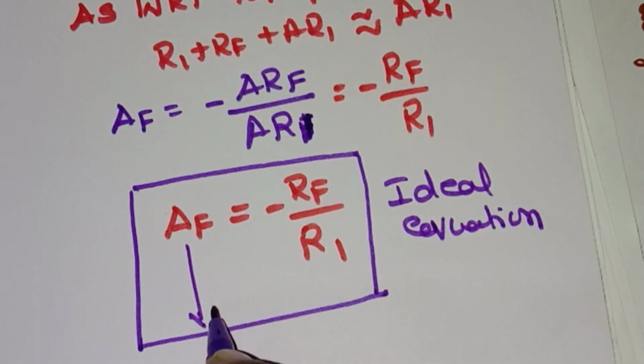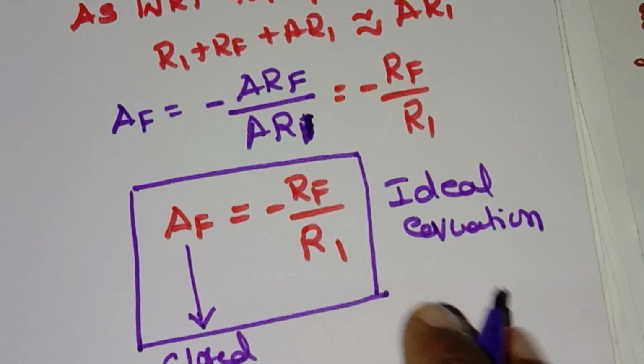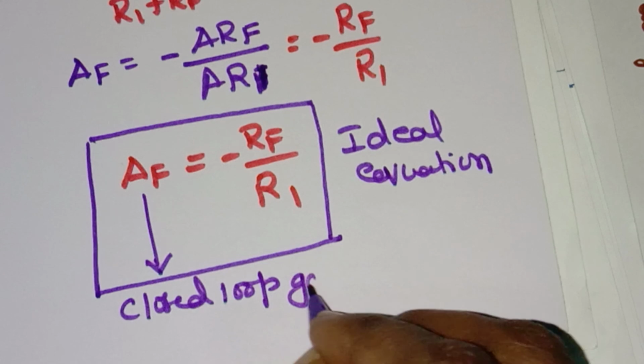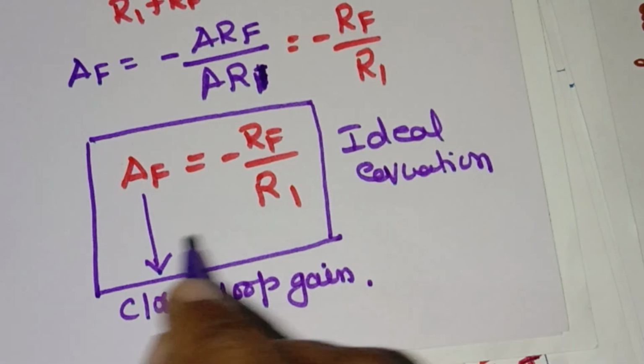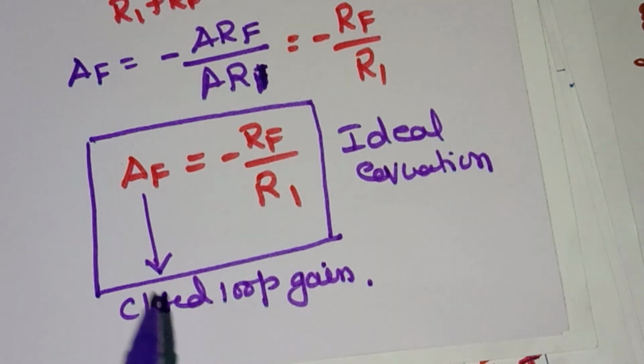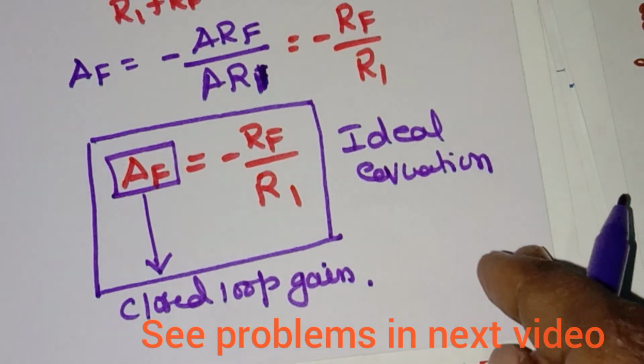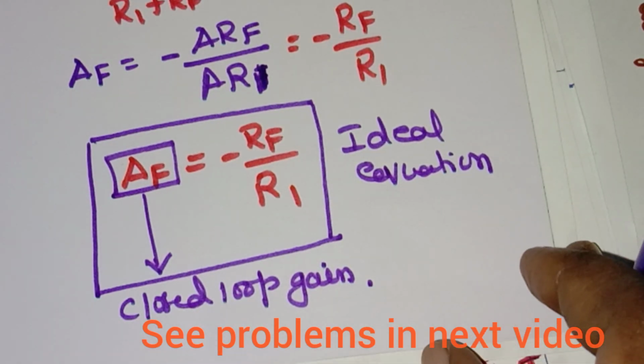Here, what is this AF? AF stands for closed loop gain, and we have calculated the closed loop gain for the inverting amplifier, so that is why it is called the closed loop gain for the inverting amplifier.